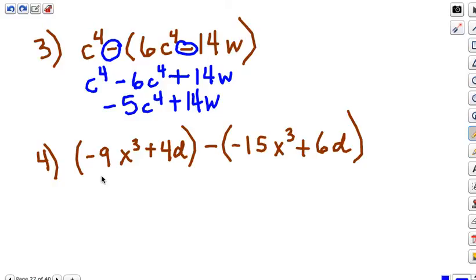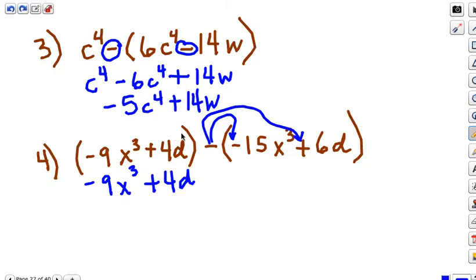Okay, the same steps are applied here. We first need to remove the parentheses, so 9x to the third plus 4d. Okay, so now we just need to make sure that we transfer that.